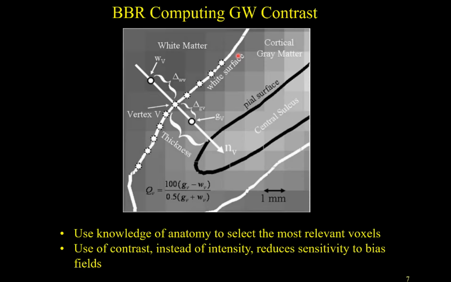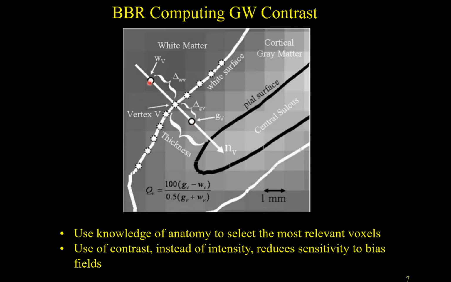So as I mentioned before, the surface is actually modeled as these discrete vertices, and I've indicated them by these little circles here. And at any given vertex, we know the tangential plane around cortex, so we know what the normal is with respect to that. And so all we're going to do is start at this vertex and project into gray matter a little bit to sample the fMRI at that particular location in gray matter.